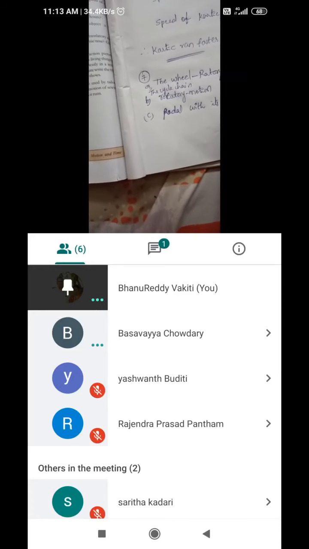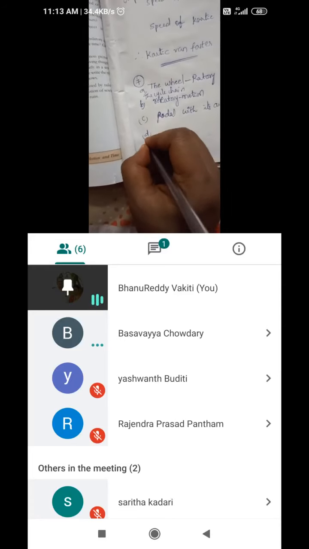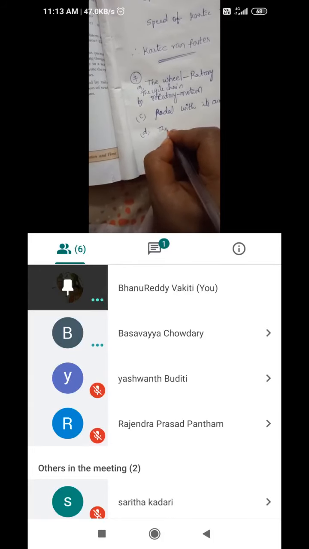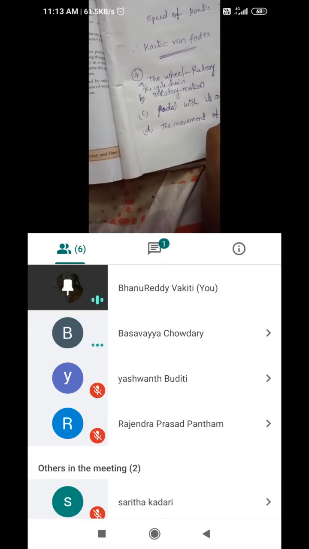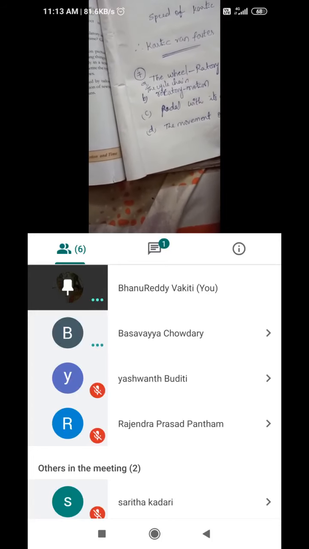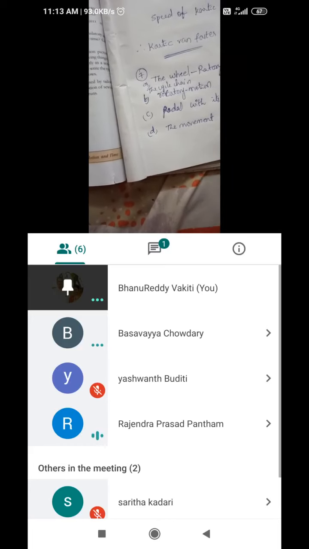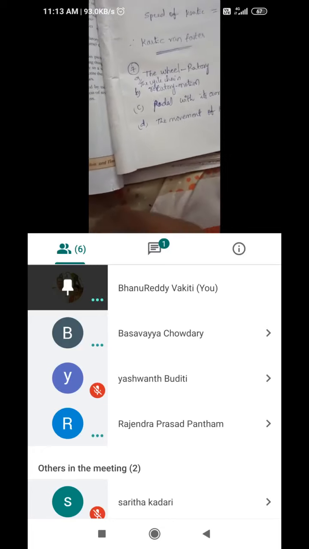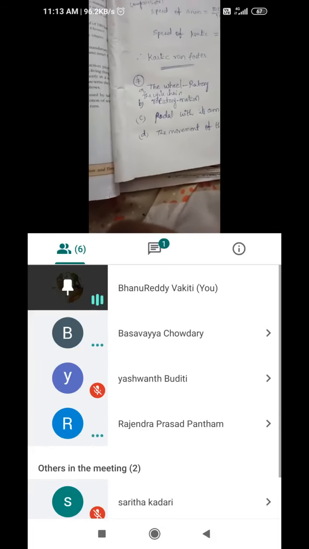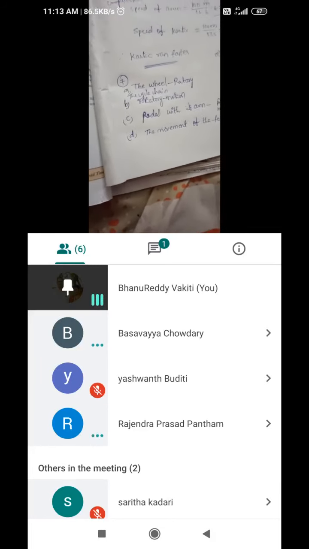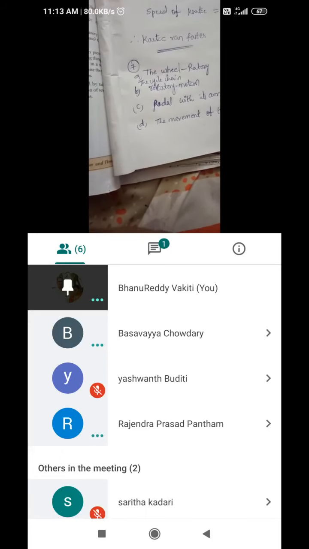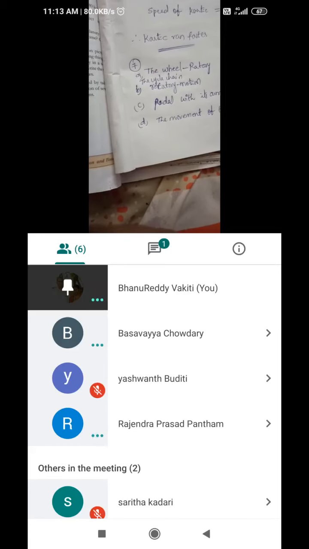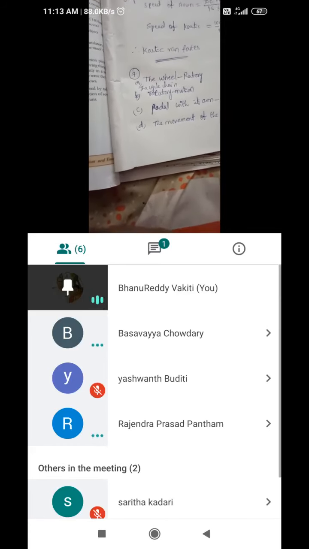Next one, option D. The movement of the feet pedaling. With its arm we are considering the feet pedaling. Think once, Venkateshwarlu.